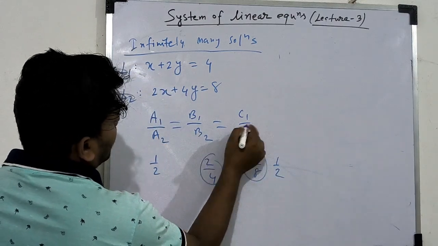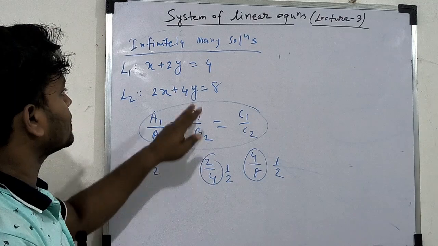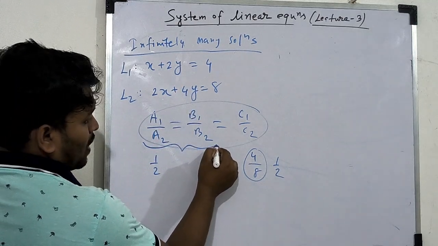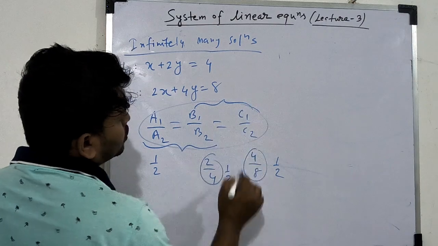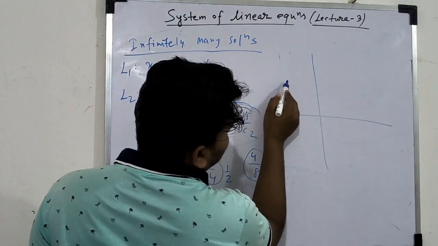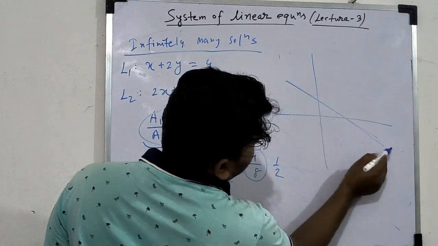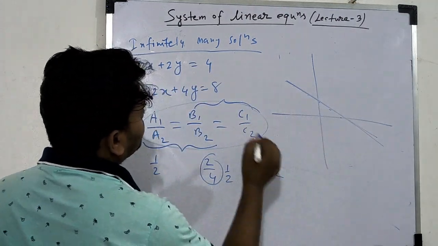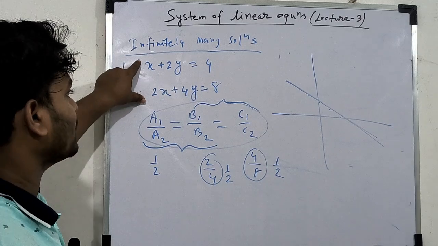Therefore these are equal for these two equations. That is, the slopes of these equations are equal and the y-intercepts are also equal. So these two lines are the same, that is, they coincide with each other. So each point on this line will be a solution for the system of these two equations.